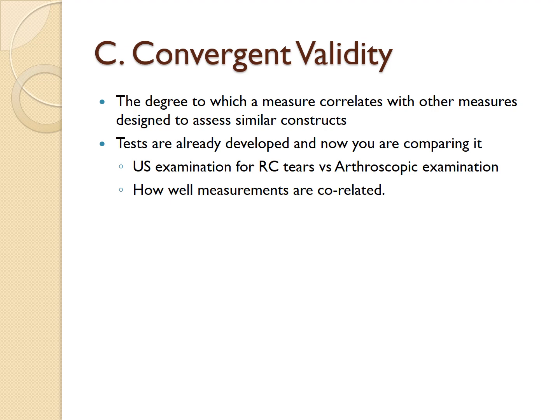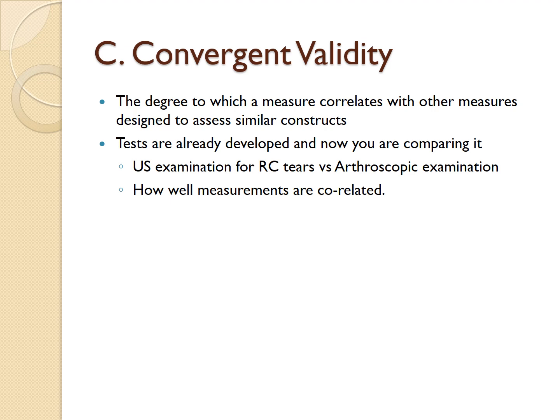It simply means the degree to which a measure correlates with other measures designed to assess a similar construct. So tests are already developed and now you're comparing it with something else. Let's say ultrasound examination for rotator cuff tears versus arthroscopic examination.